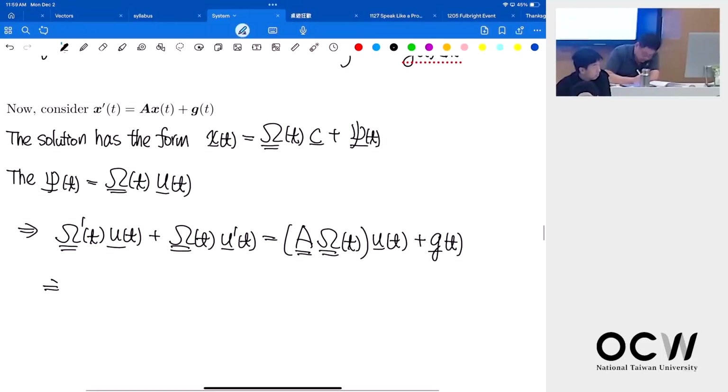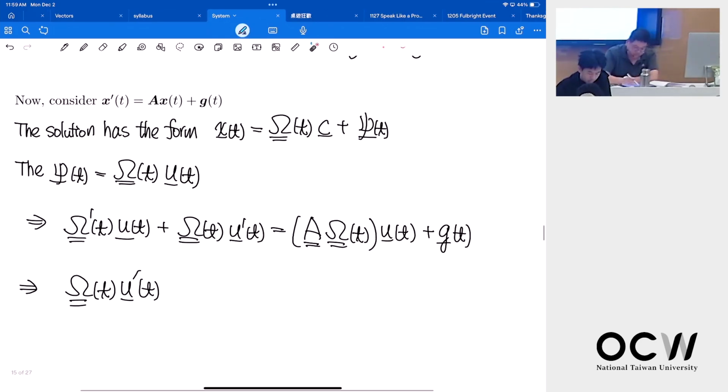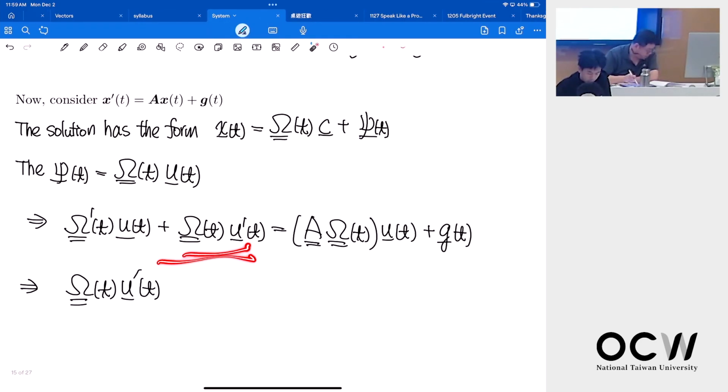So for this chain rule, we can get omega times u prime, and this should be equal to g(t).